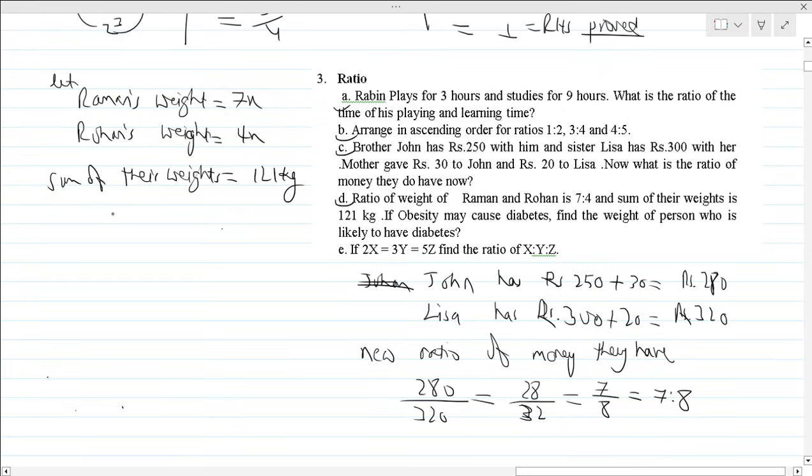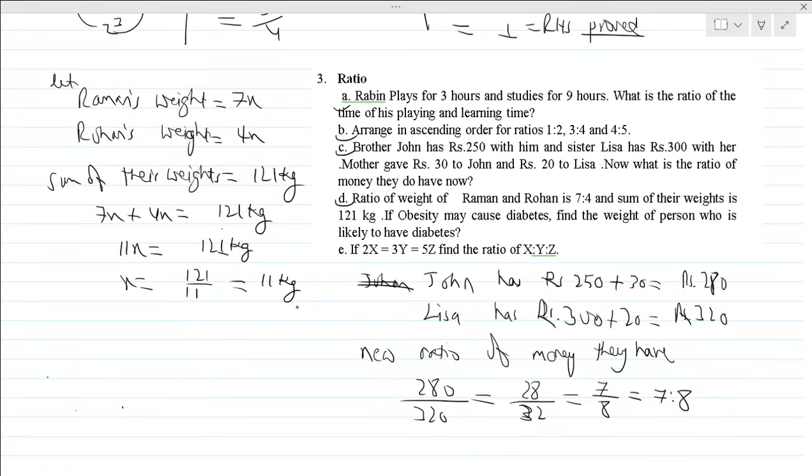So the sum of 7x and 4x equals 121 kg. So 11x equals 121 kg. So x becomes 121 divided by 11, which will be 11 kg. 121 is the square of 11, so if we divide 121 by 11, the result will be 11 again. So the value of x is found.